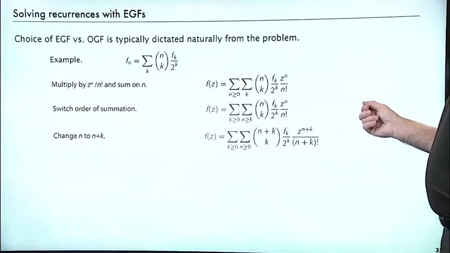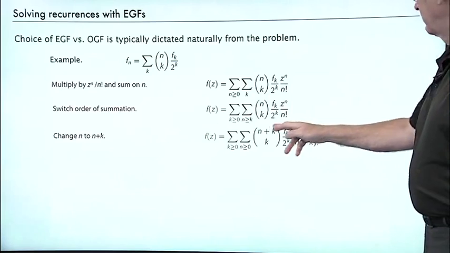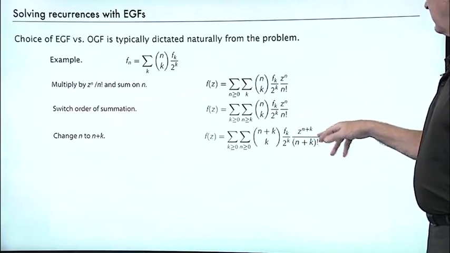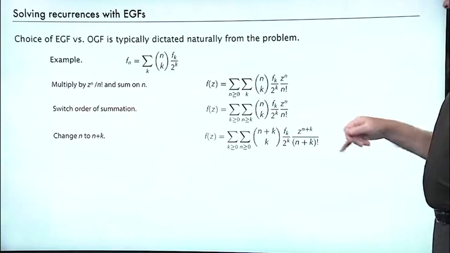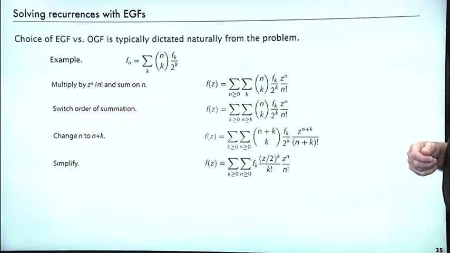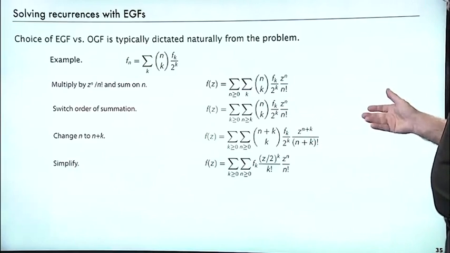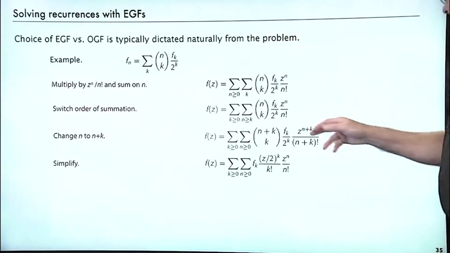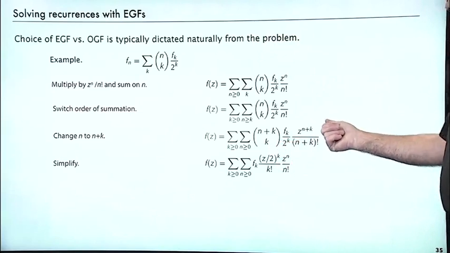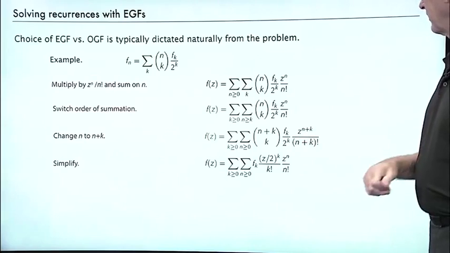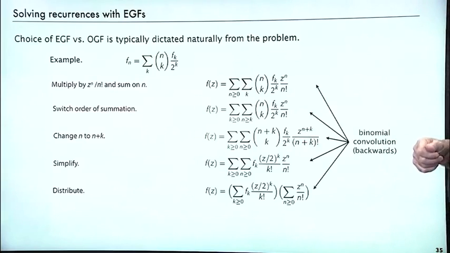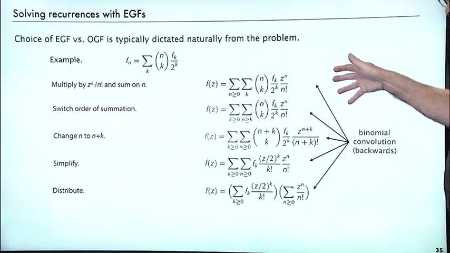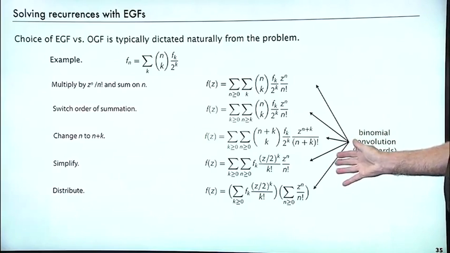And then change n to n plus k. So that brings us n plus k in the top of the binomial coefficient, and the exponent is z to the n plus k over n plus k factorial. And then as the n plus k factorials cancel out, we still have the F_k, the z to the k, and the 2 to the k absorbed together, and the z to the n. And now those are independent sums. So that's the binomial convolution backwards.